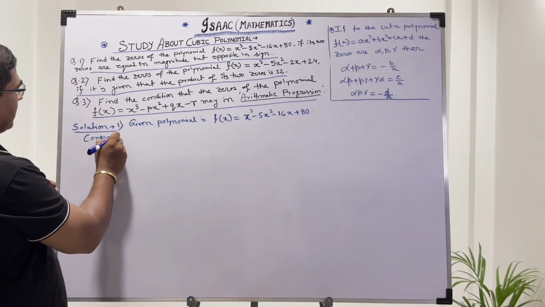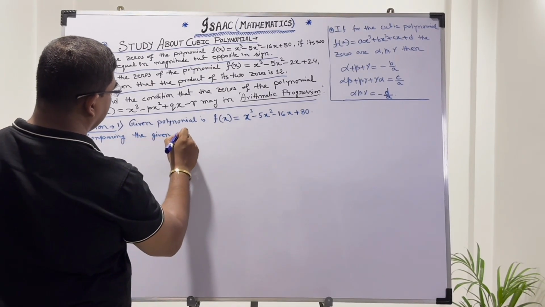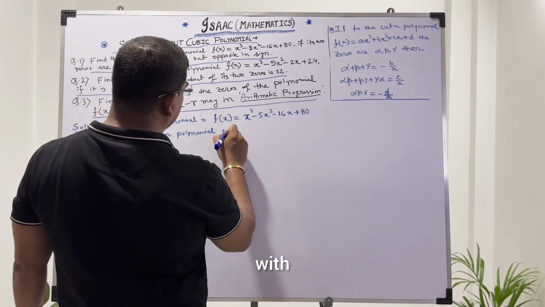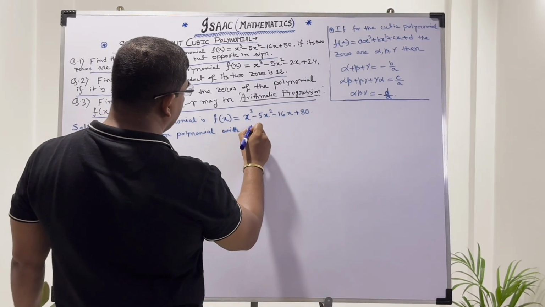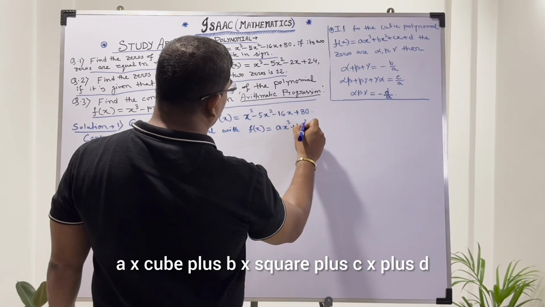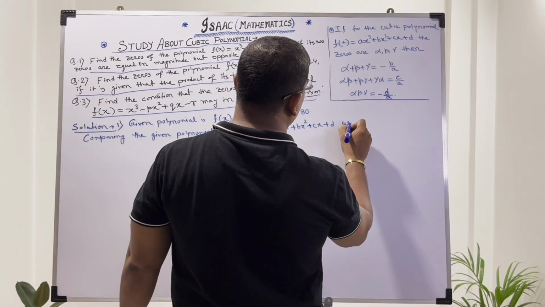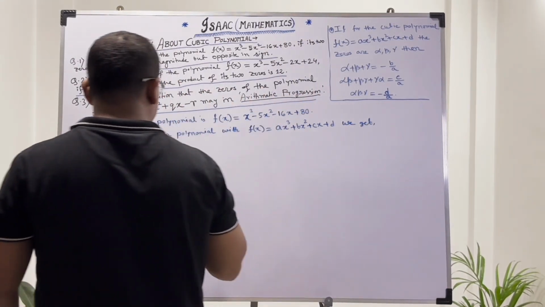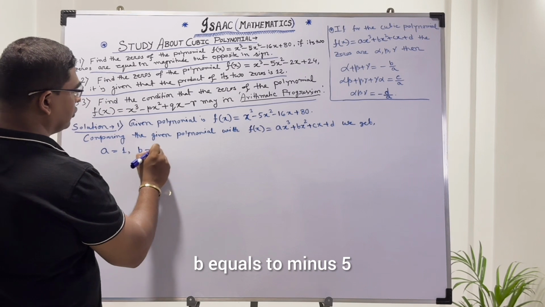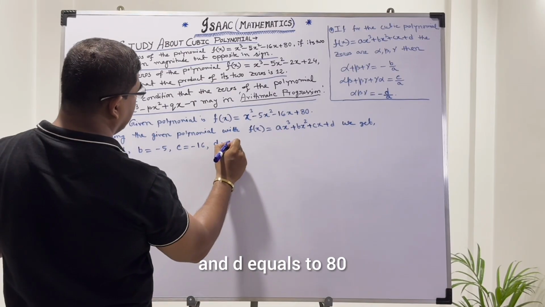Comparing the given polynomial with f of x equals ax cube plus bx squared plus cx plus d, we get a equals 1, b equals minus 5, c equals minus 16 and d equals 80.